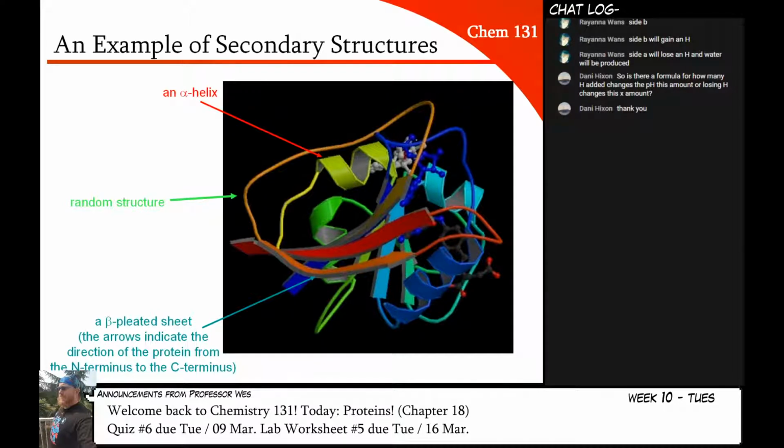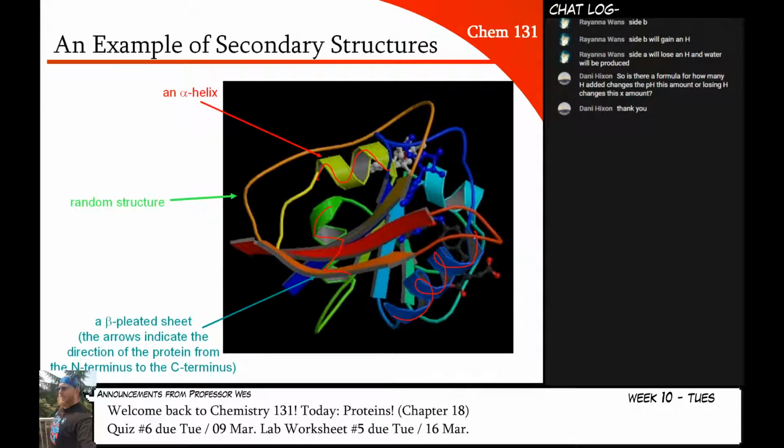So whenever you see something that just looks like this, this right here would be a random structure. Over here, a random structure. This part right over here, that would be a random structure. Those are all random because they don't really seem to make any appreciable shape. But you can see here that when we make this really wide part of the ribbon, here's another one right here, and then here's another one right here.